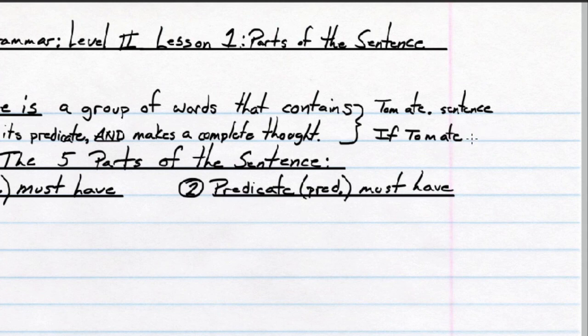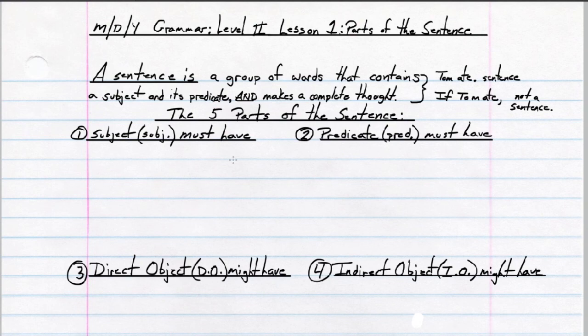And I'm going to put a comma behind that. And I'm going to put not a sentence. It has a subject and a predicate, but it is not a complete thought. All right, so we're ready to move on.